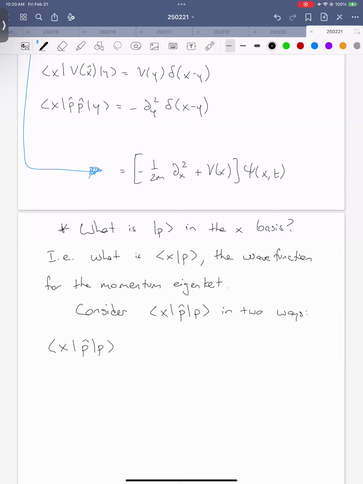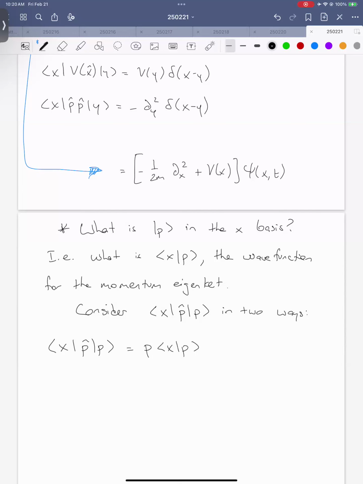So what's the easy way to get rid of the operatorness of this P in this particular expression? Spell out the momentum eigenvalue. Eigenvalue. Yeah, exactly. Very good. So this is p times the overlap of x with p.